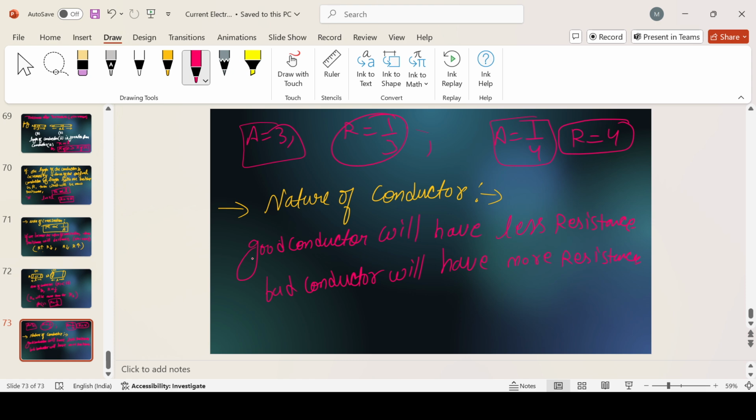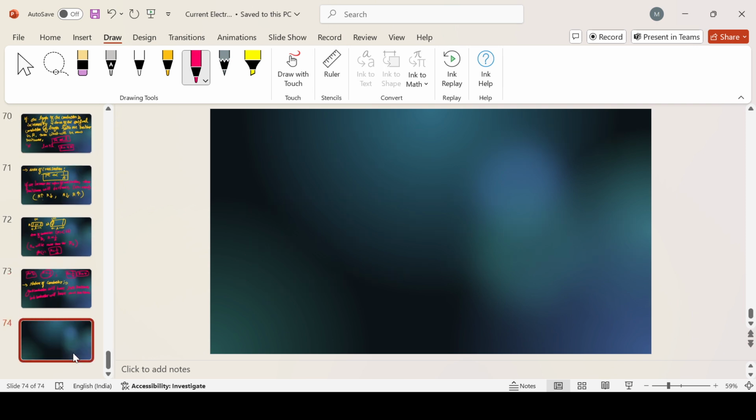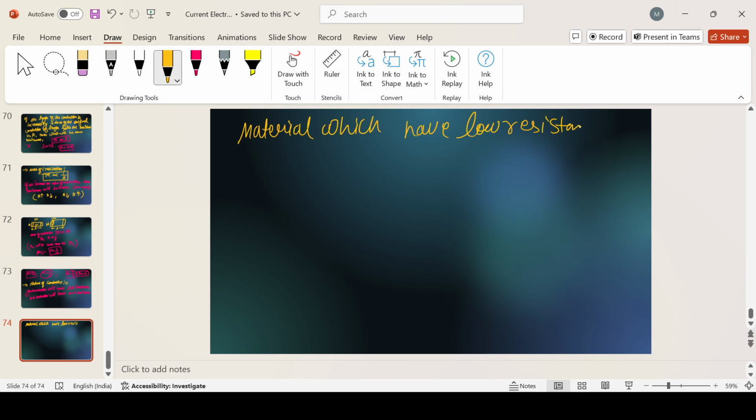Like good conductors, which ones do we have? Material which has a low resistance value.